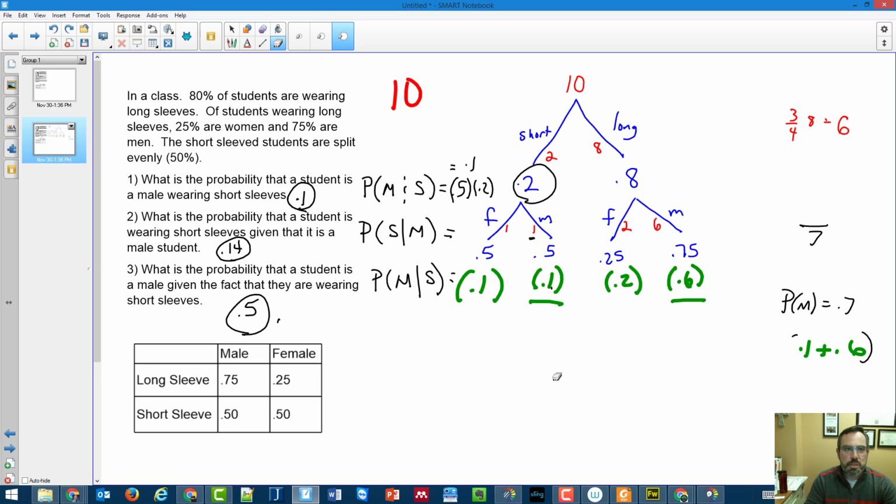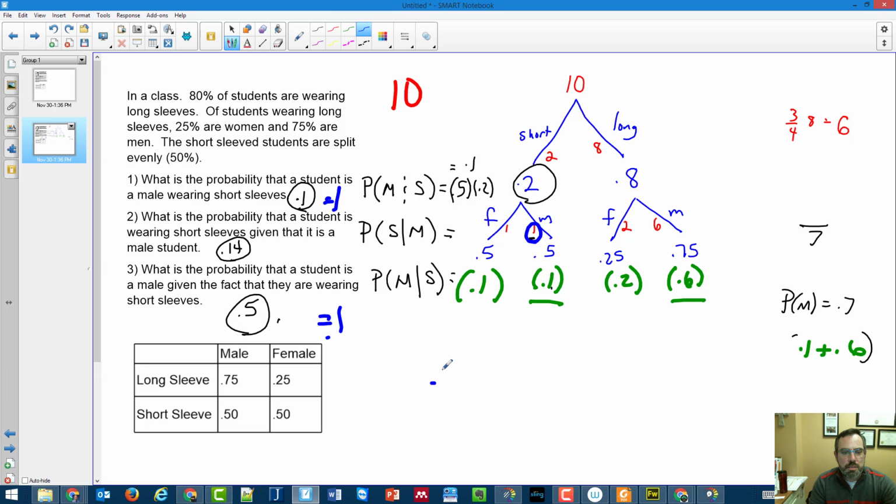And you have to remember to interpret the question correctly. Probability that a student is male given that they're wearing short sleeves. I have half of 2 people, so that tells me there is 1. That's 1 male wearing short sleeves. Probability that it is a male wearing short sleeves, 1/10, tells me that's 1/10 of 10. That's 1 student. Again, there's my 1 student. Probability that a student is wearing short sleeves given that they are male.